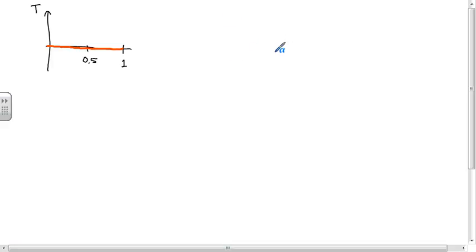Then the shear force. Here's 0.5 meters. Here's 1 meter. It starts out at a value of negative 500 and then jumps at 0.5 meters up to positive 500.